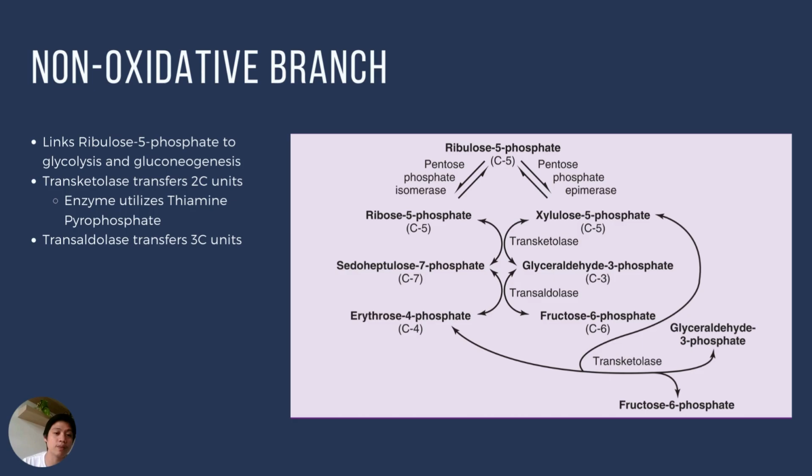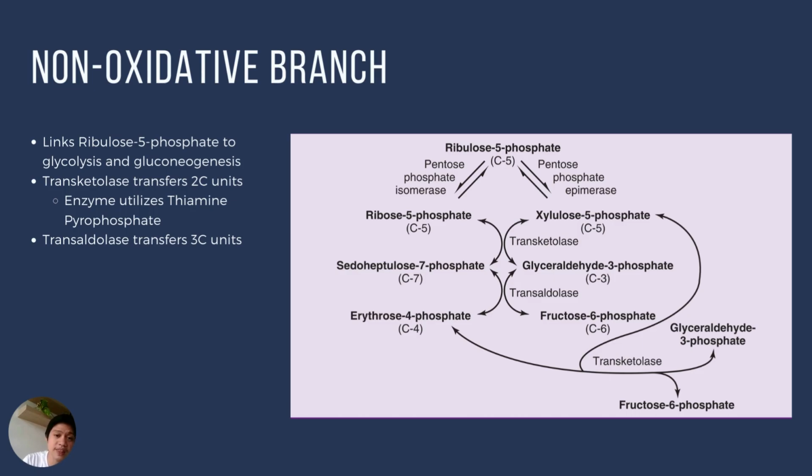So by losing 3 carbons, it becomes 4 carbons long, and that is your erythrose, which is again an aldose, and the one that receives the 3 carbons, glyceraldehyde 3-phosphate, which is an aldose, becomes 3 carbons longer, and it becomes fructose, which is a ketose. So from C7 and C3, transfer 3 carbons, we form C4, 4 carbons, and C6, 6 carbons.